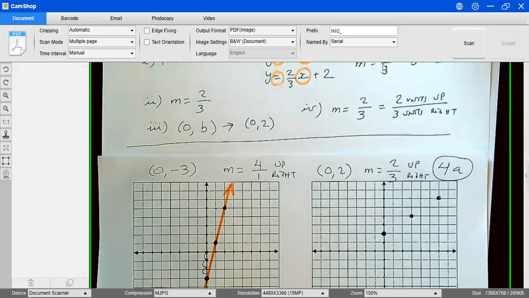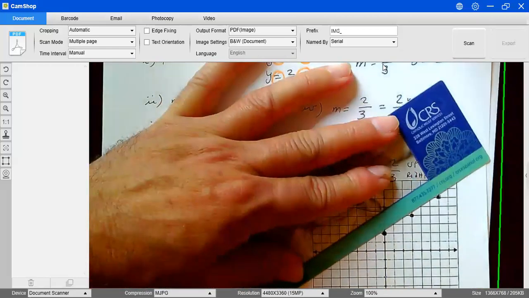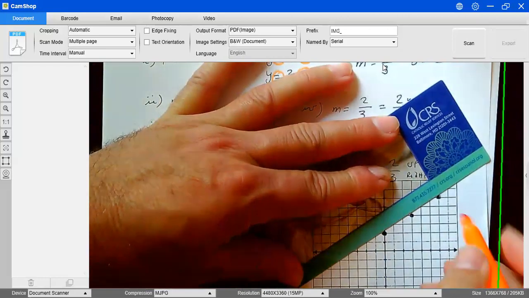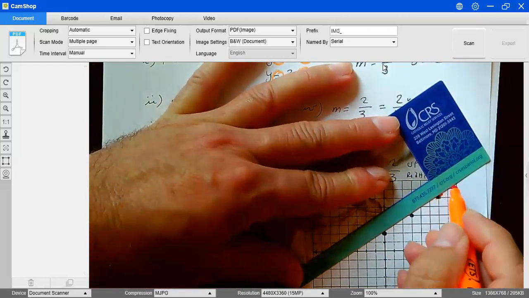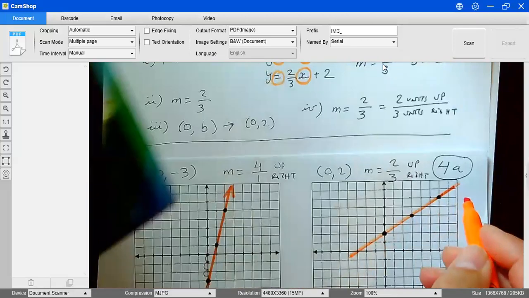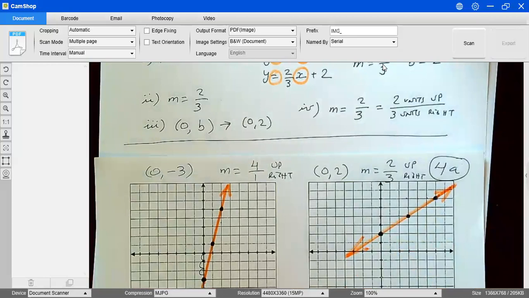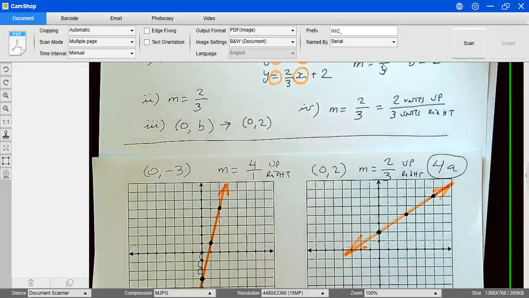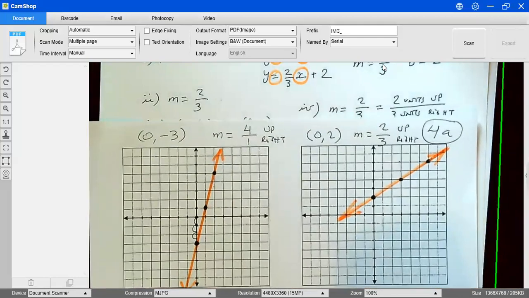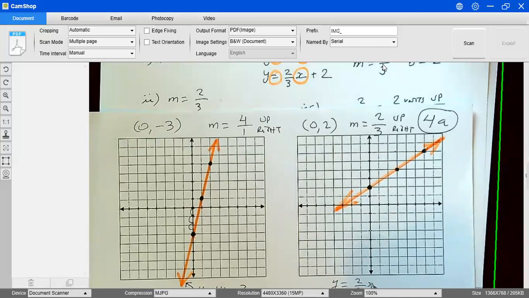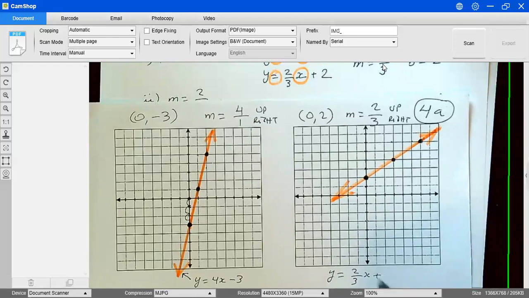So now I'm going to draw the line right here, and I have the equation y equals 2/3 of x plus 2.